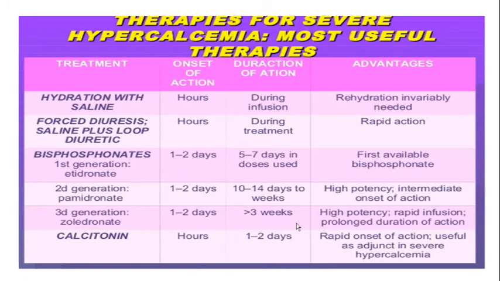So these are the tested therapies for severe hypercalcemia. In cases of emergency with acute hypercalcemia, it's hydration with saline with forced diuresis. For chronic hypercalcemia, you can try bisphosphonates, especially in cases of hyperparathyroidism or chronic hypercalcemia.